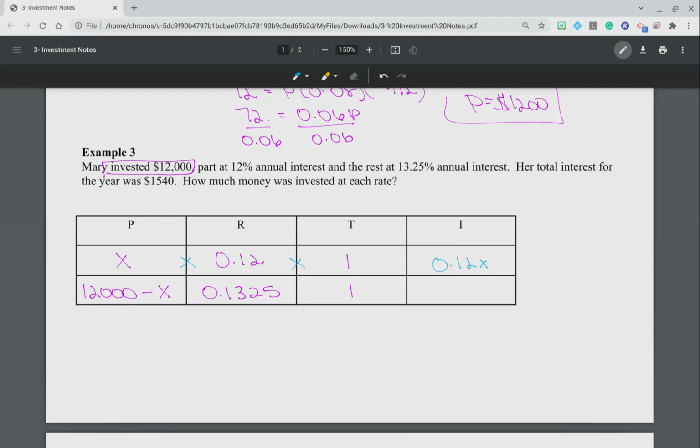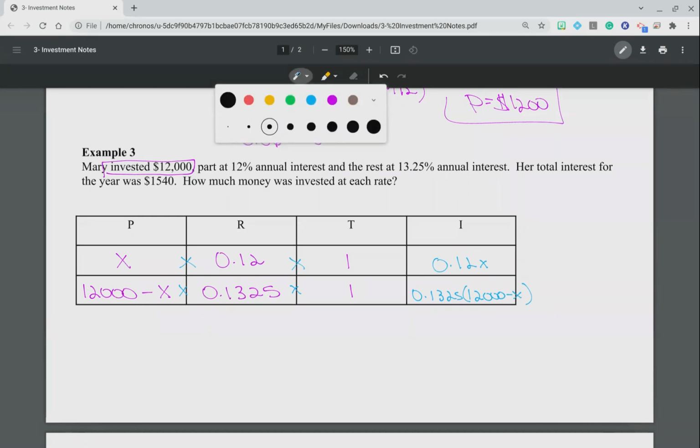Then I'm going to do the same thing with the bottom row, okay? Principal times the rate times the time. So for this one, I'm going to write it like this, 0.1325 times 12,000 minus x. Okay, so all we did there was I equals PRT.